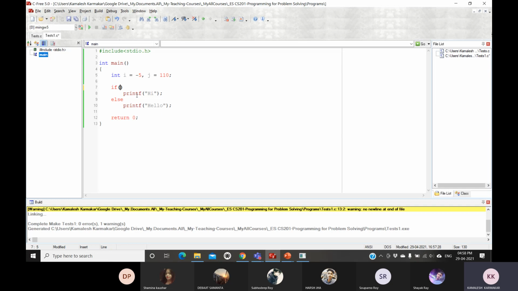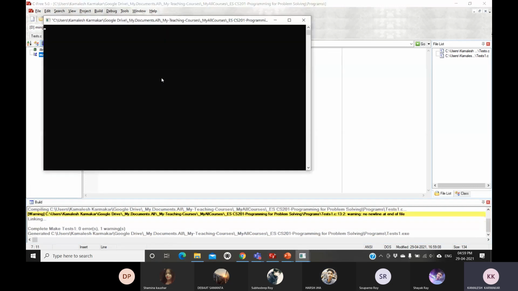Now, if I write if i equals j, what will be the output here? It will be high.